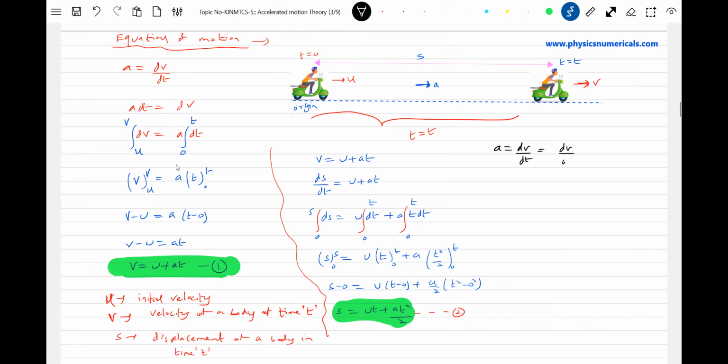This I'll rearrange, using ds by dt, which is the speed. As acceleration is constant, I'll take it outside, with limits 0 to s. When s equals 0, the body is at the origin, and the other point is s equal to s.